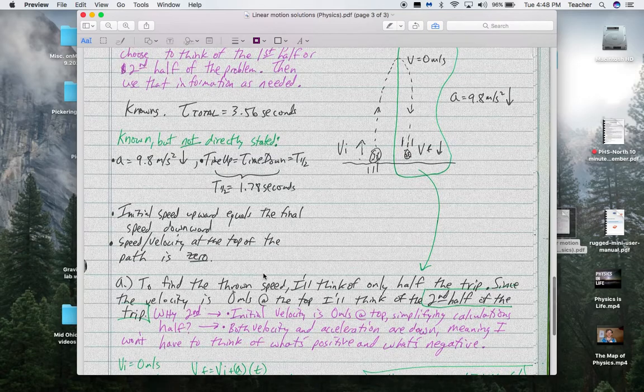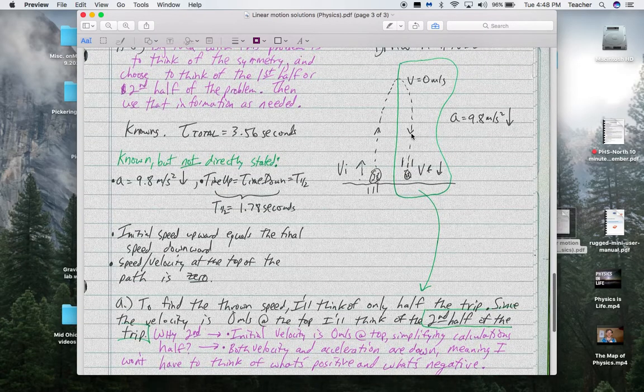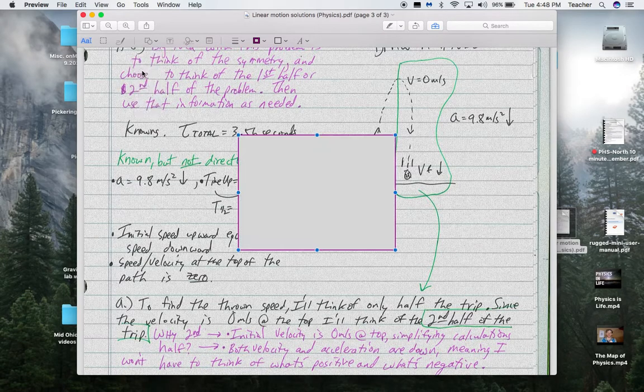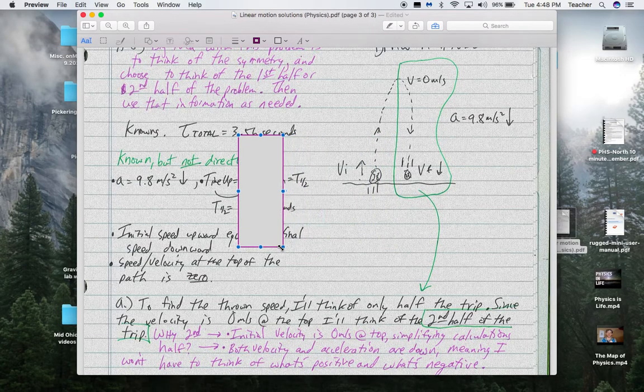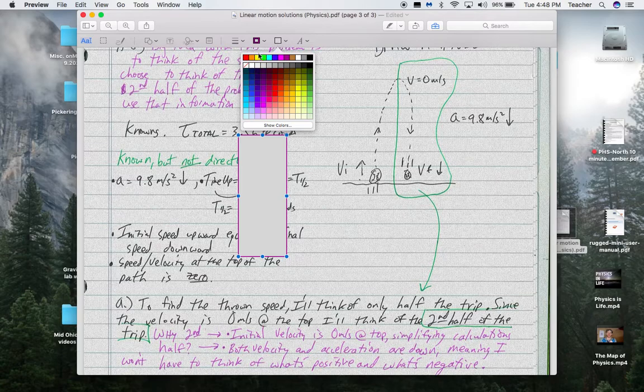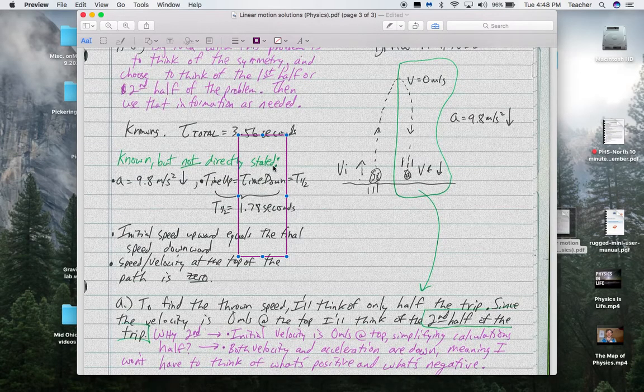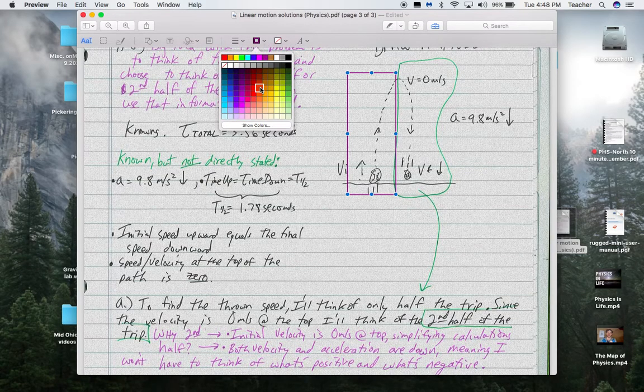So to find the thrown speed, you only need to think about half the trip. Now, I thought about the second half of the trip. You could have thought of the first half of the trip. But I didn't do that because I've got an initial velocity that's non-zero. My acceleration is downward, but my velocity is upward.